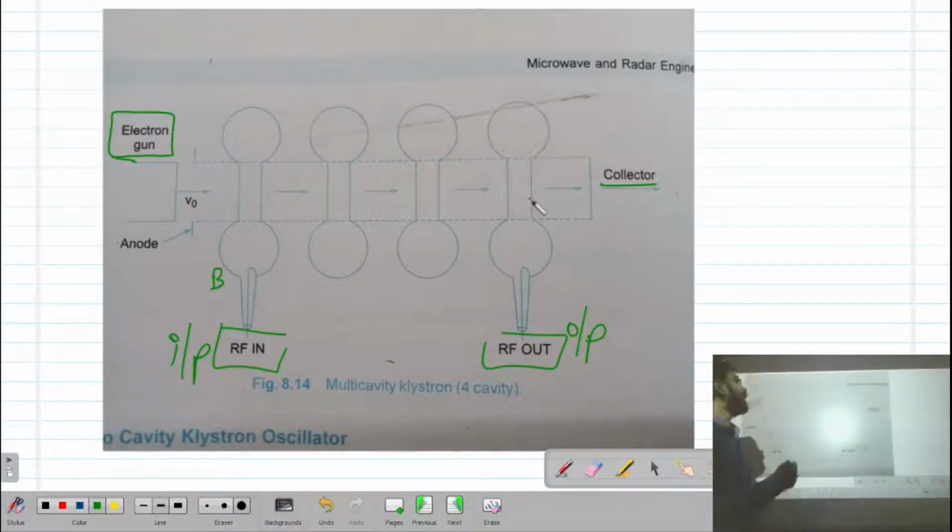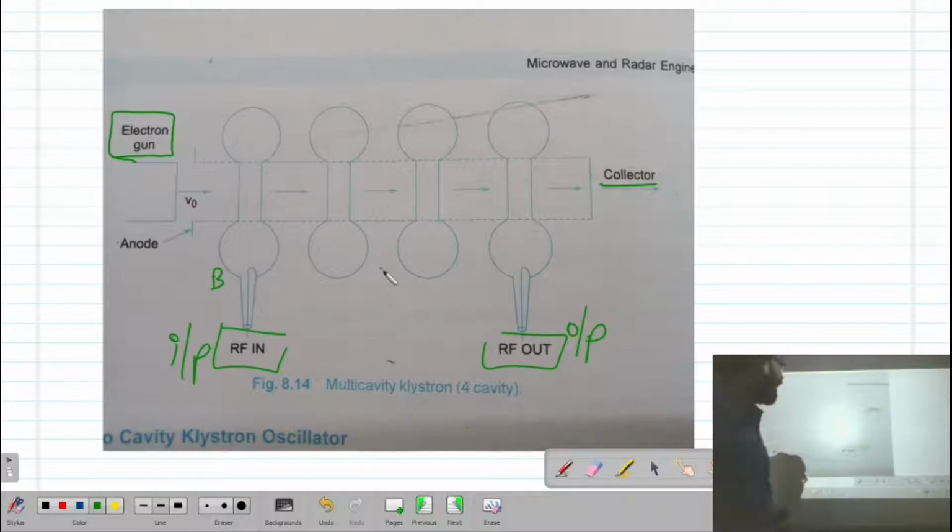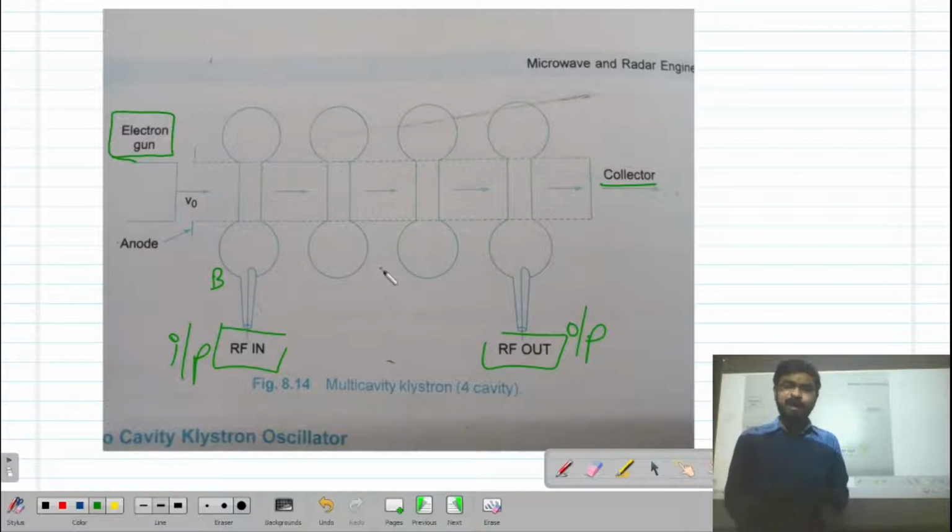Over here you can have more cavities, added according to the desired amplification factor. If you want more amplification, if the power gain is very high, for example in a radar system where you need to send very strong electromagnetic waves from one point to another, then you need to transmit the signal from the antenna with very high power.